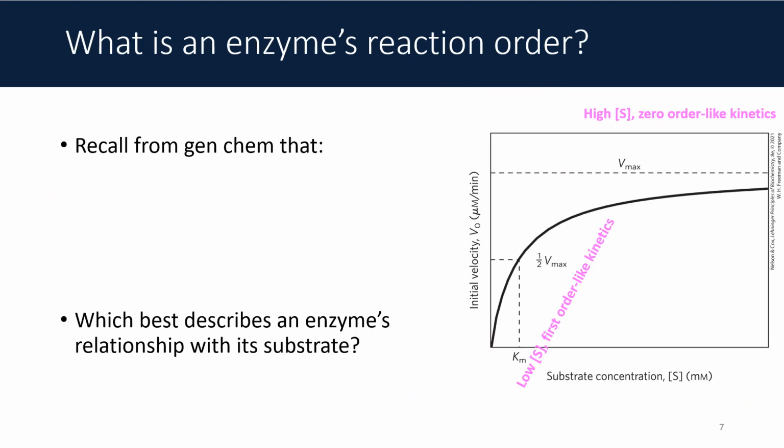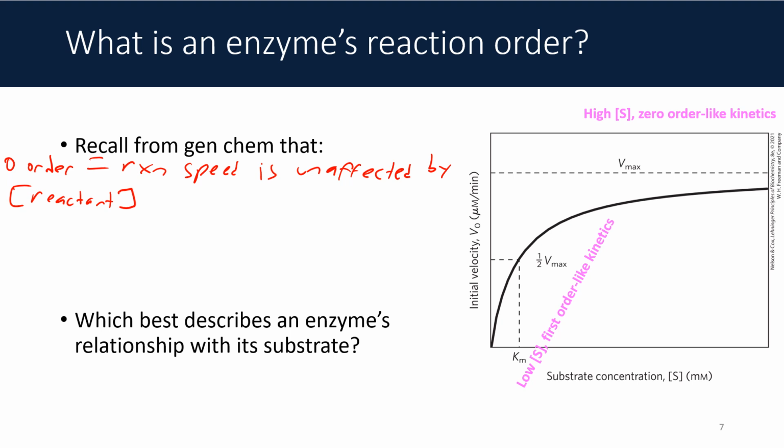Enzyme kinetics is all about rate and mechanism. You may remember from general chemistry that we can bin reaction rates into one of three orders. Let's recap them briefly right now. Zero order means the reaction speed is unaffected by the reactant concentration.